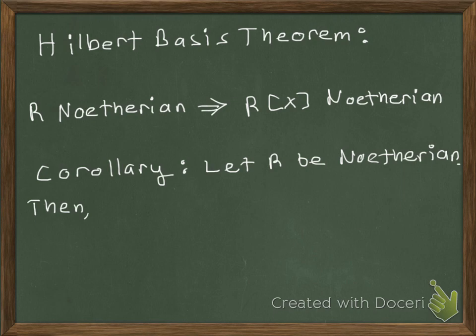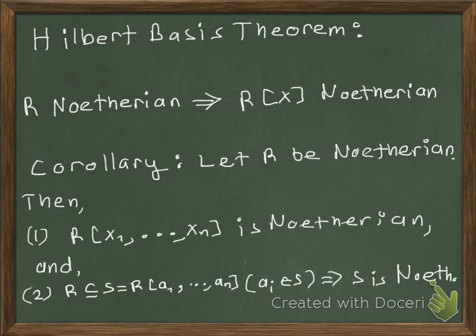Before we go into the details of this, let's note a couple of obvious or easy to get corollaries. If R is Noetherian, and we apply the Hilbert basis theorem repeatedly, you get that the polynomial ring with n indeterminates over R is Noetherian as well.